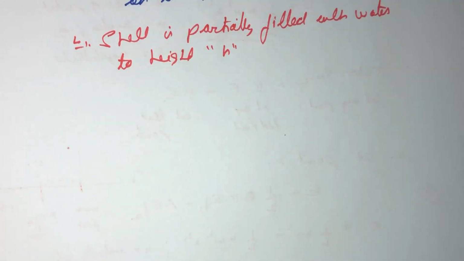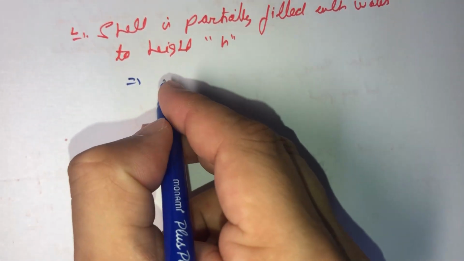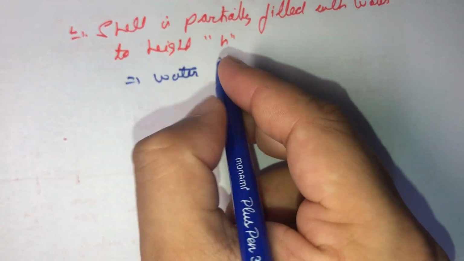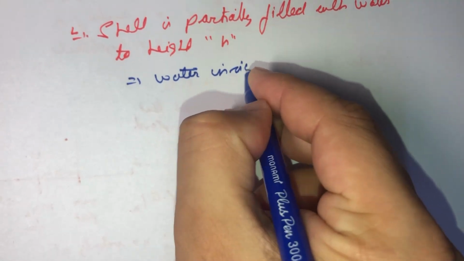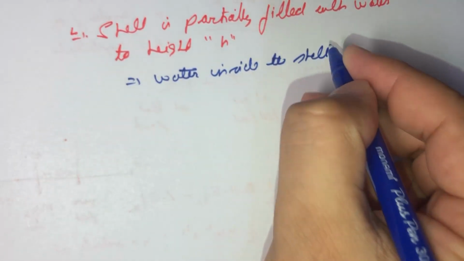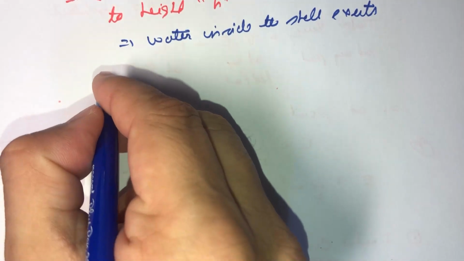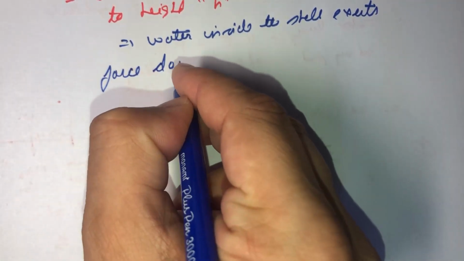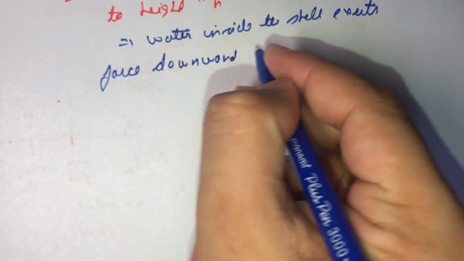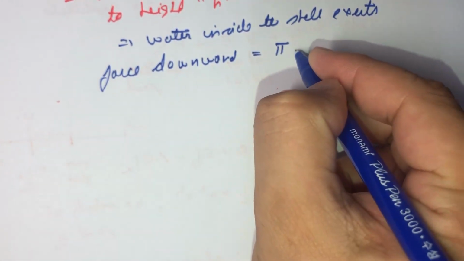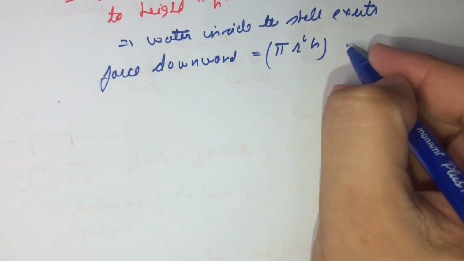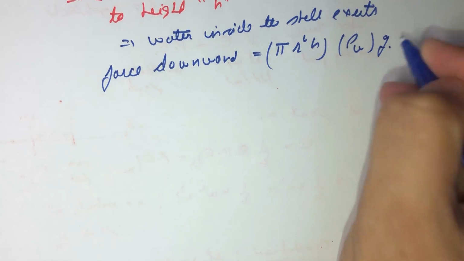Therefore, the force acting downward because of the water inside that shell exerts a force downward, which will be equal to pi r square h multiplied by the density of the water and multiplied by g.